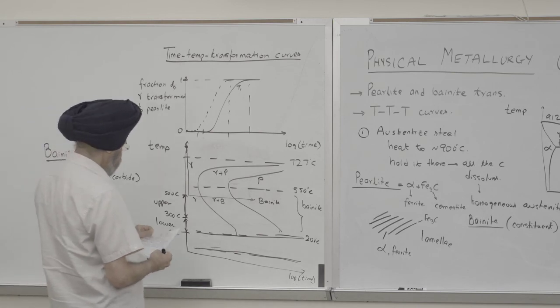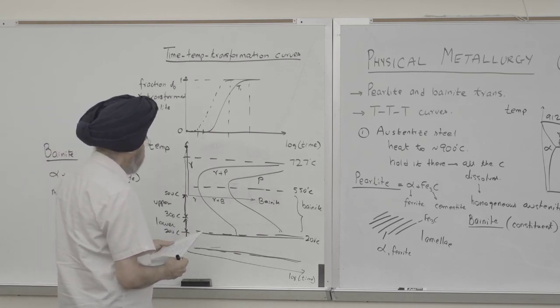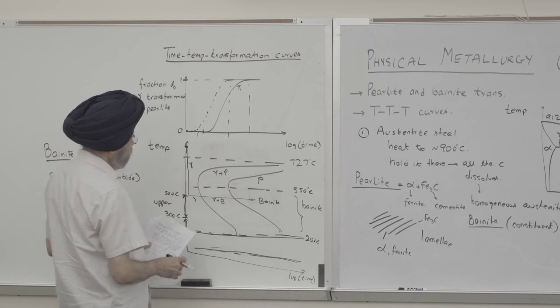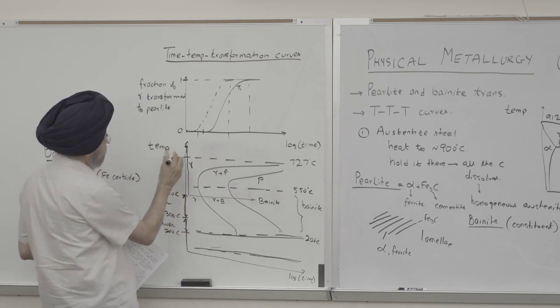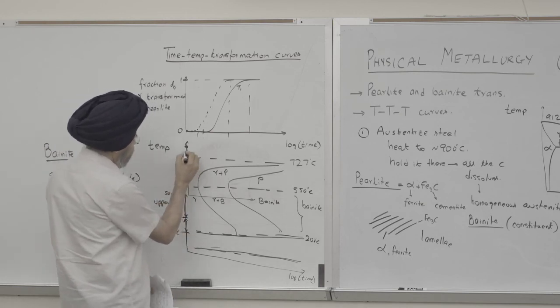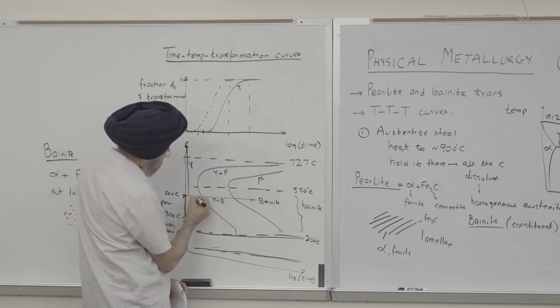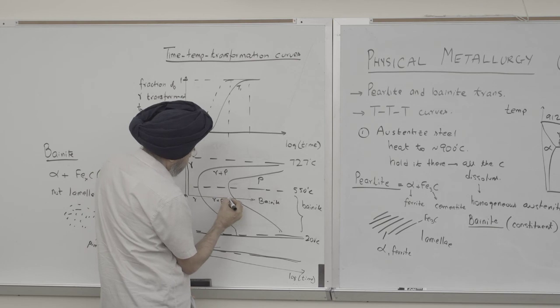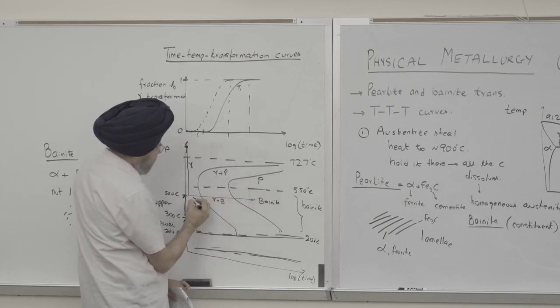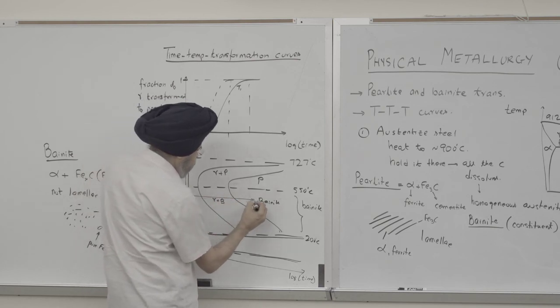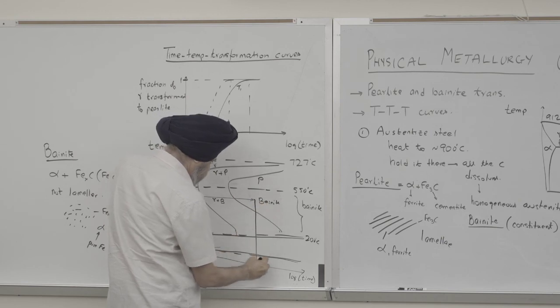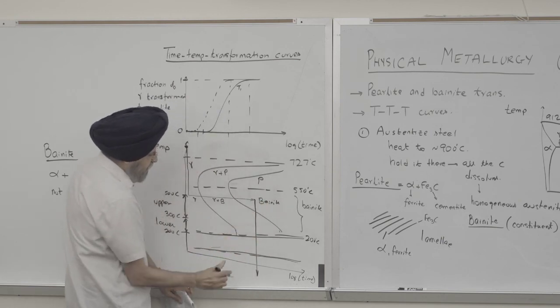Okay, so we talked about, let's say we start at this temperature, we cool it down to about, let's say 500, and we do isothermal transformation. With time, the austenite will go into bainite, and then we are here, and we quench down. From here to here, nothing happens.